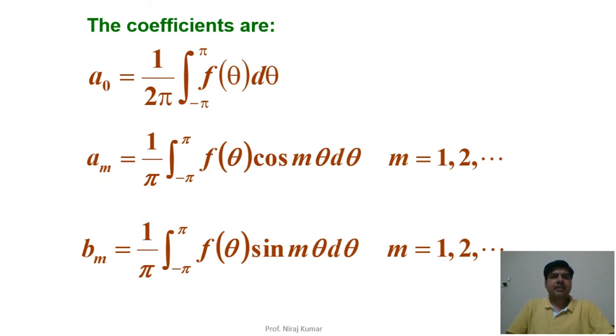So we can summarize these coefficients as a naught equal to 1 by 2 pi times the integral from minus pi to pi of f theta d theta, am equal to 1 by pi times the integral from minus pi to pi of f theta cos m theta d theta, where m equal to 1, 2, 3, 4, etc., and bm equal to 1 by pi times the integral from minus pi to pi of f theta sin m theta d theta, m equal to 1, 2, 3, 4, and so on.